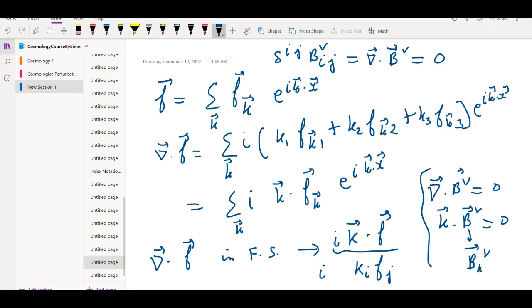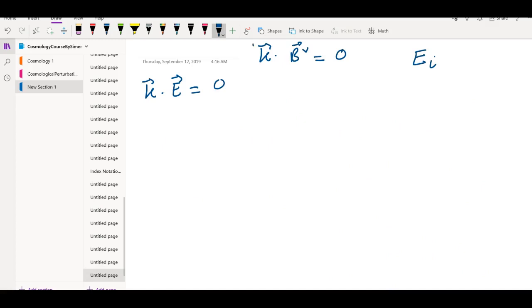This i is iota and this ij are the index delta_ij. So this is how you would write this dot product in Fourier space using the index notation. So we have k dot B is 0, or in other words delta_ij k_i B_j is 0, and k dot E is 0.